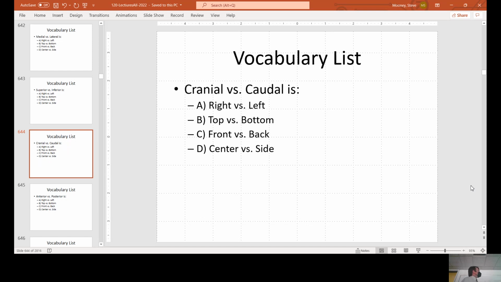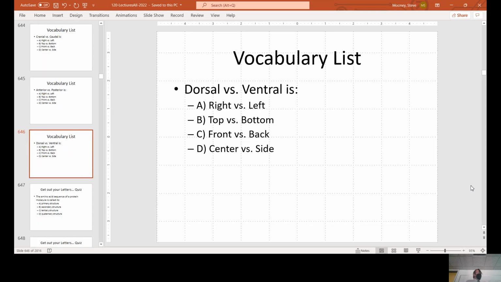So I'd probably lean towards C. But again, if you had humans, it might be B. Posterior versus anterior. Lean toward probably C. Anterior, posterior, butt, so front and back.